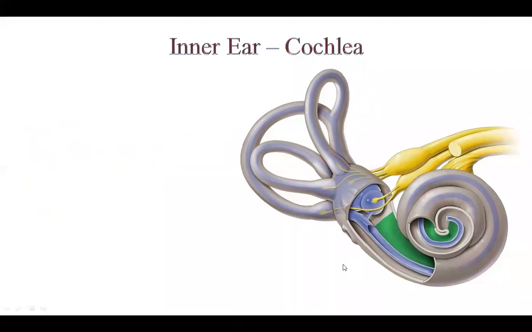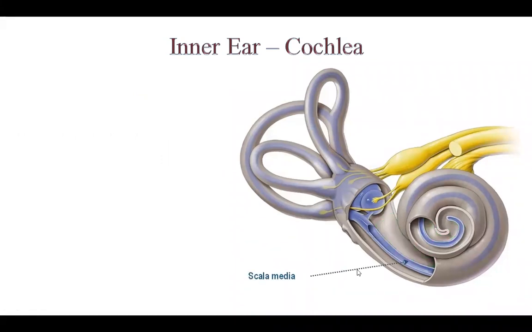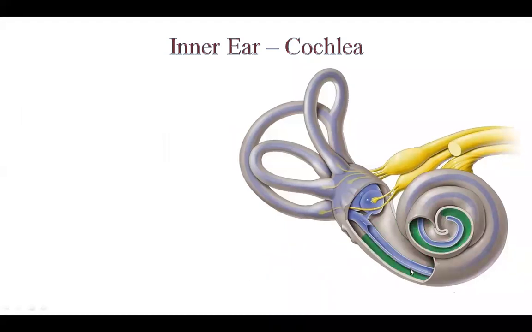This green structure is scala vestibuli. There is a Reissner's membrane which separates scala vestibuli from scala media. So here is the Reissner's membrane. Next structure is scala media. And the third chamber, the green colored, is scala tympani.